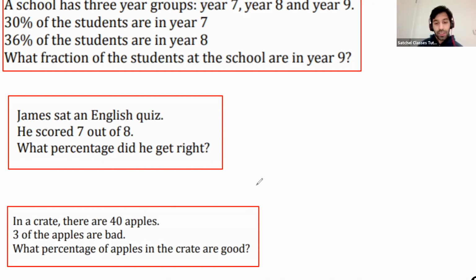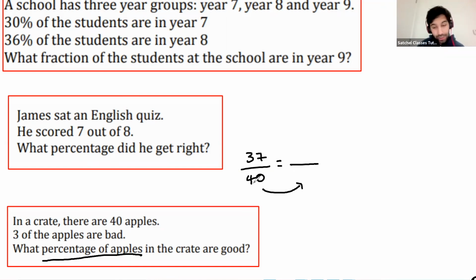So 37 out of the 40 apples are good. And now we need to write down what percentage of the apples are good. Now 37 over 40, well, again, we can't go directly from 40 to 100 without multiplying by a decimal. So what I would prefer to do is to convert this 40 into a factor of 100, which is 20.